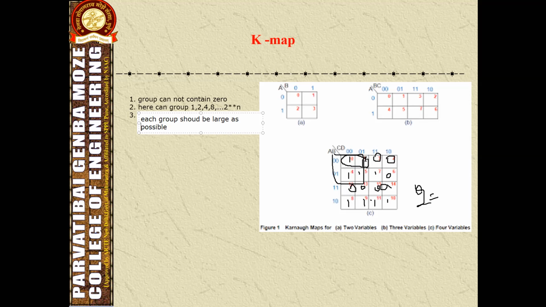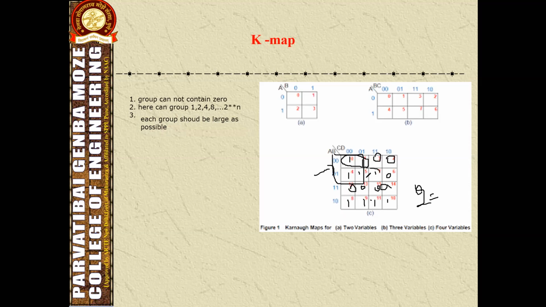We have to decide the groups so that they contain more ones, because that gives a reduced or shorter Boolean expression. So keep in mind that if there is a possibility to make a group with a huge number of ones, we choose that first.